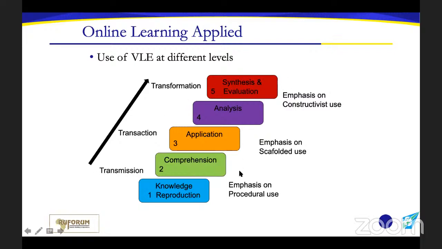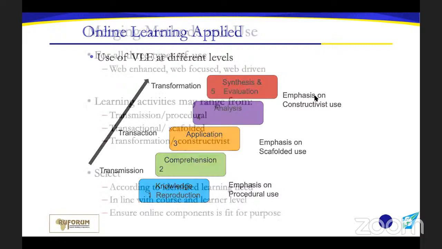But again, at the different levels, you have different sorts of activities. At this level, you have more procedural activities. Here, in the middle, you have more scaffolded activities happening at the transaction level. And then when it gets to transformation, you have more of the constructivist, people being able to construct their own knowledge and bring it and share it with you. They are independent learners, deeper learners. Okay.